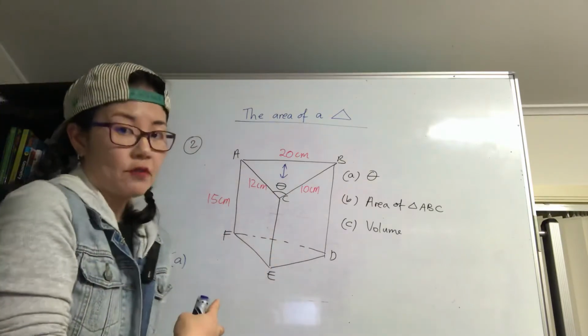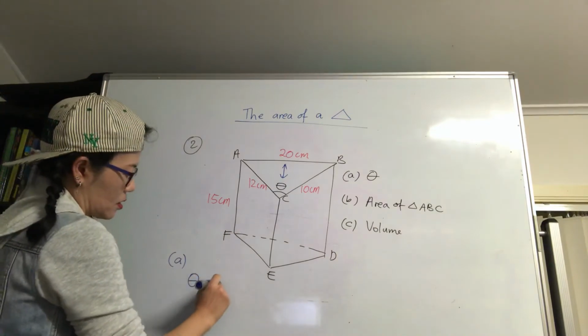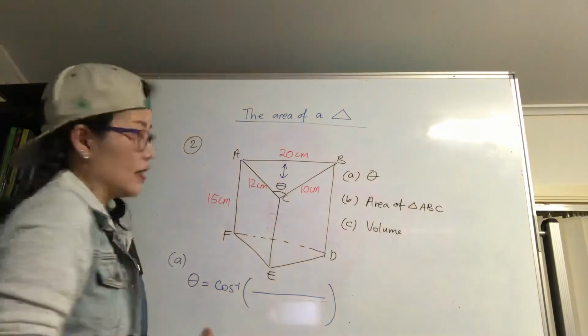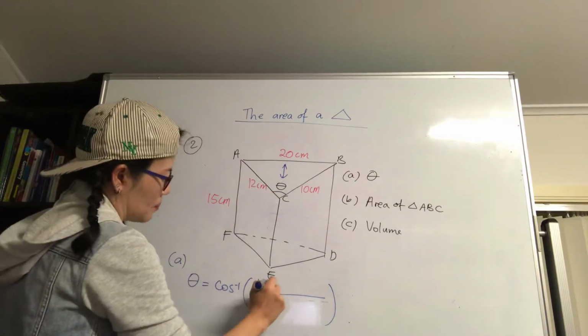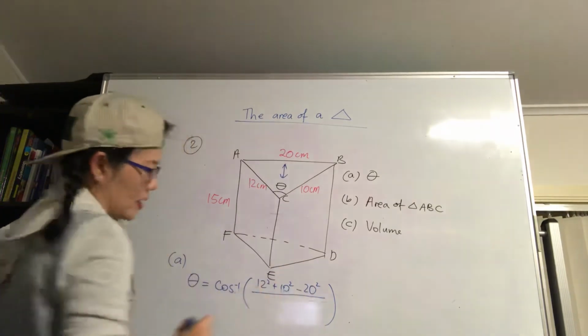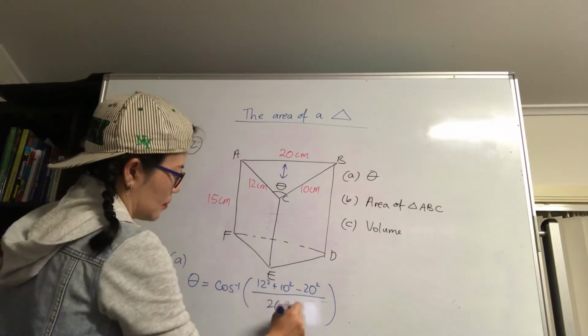I'm just going to use theta equals cosine inverse, and I'm going to put the formula in there, which is the protecting sides, 12 squared plus 10 squared. The opposite side I'm going to take away, squared, remember squared, over 2 times 12 times 10.